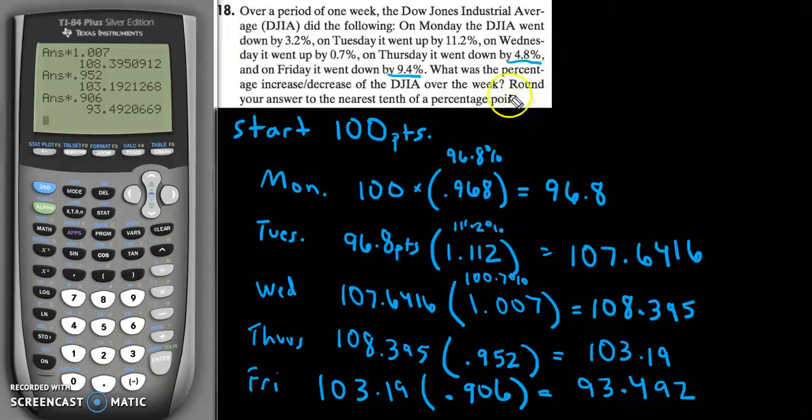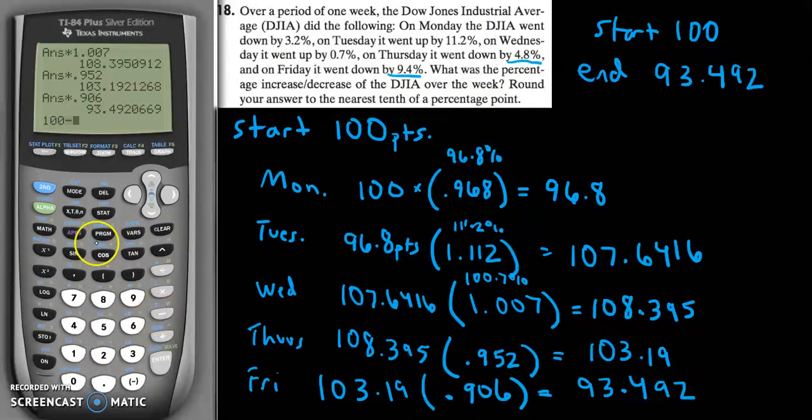Okay, so we started at 100, and we ended at 93.492. So what was our change? Well, it looks like it went down by 6.5. And to the nearest tenth, 6.5 is accurate enough.